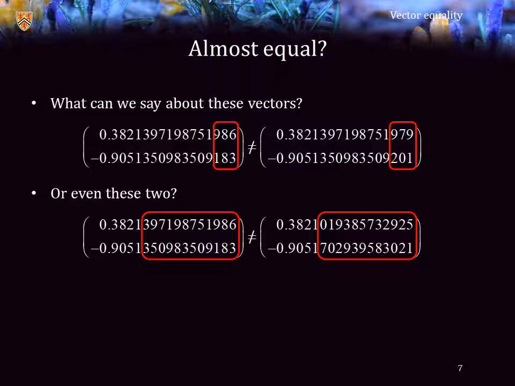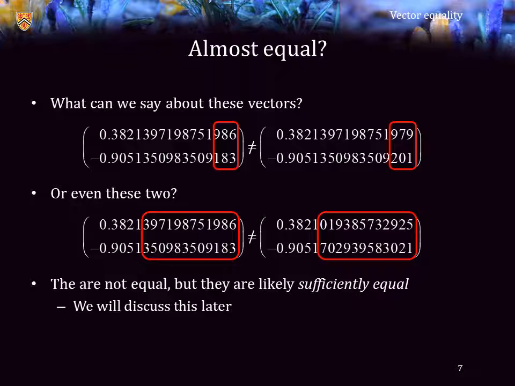Are those almost equal? Well, under most circumstances, they probably are. So, while these are not technically equal, they may, under engineering conditions, be sufficiently equal for the question at hand. So we will discuss this concept later. But technically, both pairs of these vectors are indeed not equal to each other.